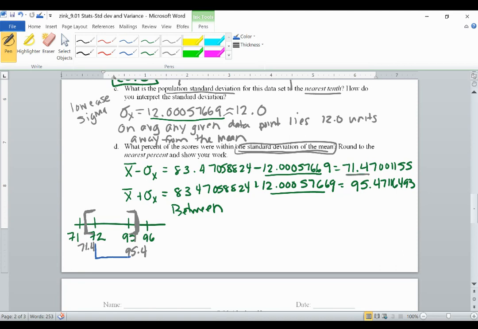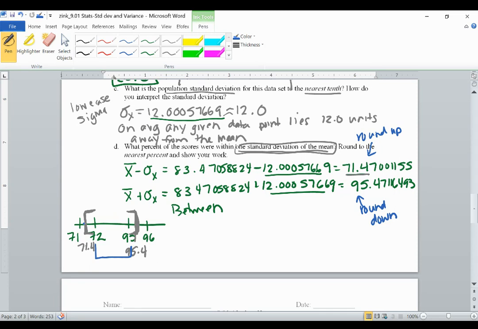And we never actually include 96 either. So for the higher number you're always rounding down, and for the lower number you're always rounding up, even if that doesn't follow the rounding rules, because we want to make sure that we're within one standard deviation.